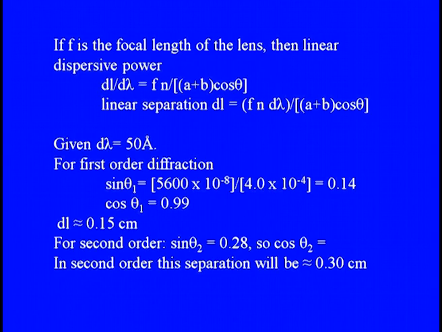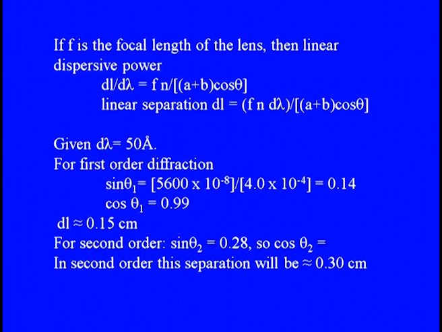If f is the focal length of the lens, then linear dispersive power dl upon d lambda will be equal to f into n divided by (A plus B) cos theta. From this equation we can calculate the linear separation dl equal to f into n d lambda divided by (A plus B) cos theta. In the problem, d lambda is equal to 50 angstrom.